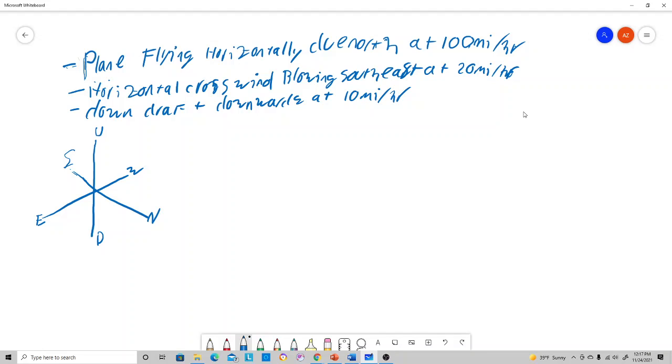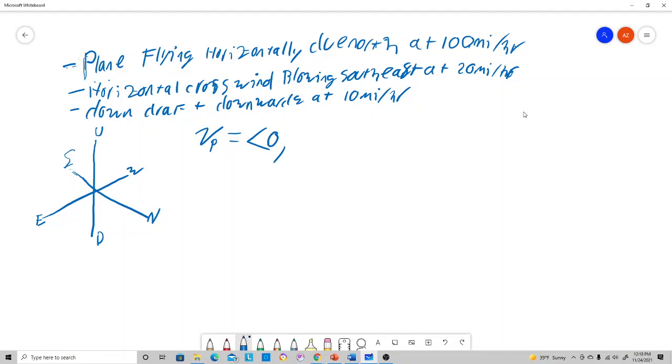So we can call this vector, because we're working in 3D space, we need to have three different components for the vectors. So we can say velocity of plane, v sub p, and then we can note it as, because it's flying due north, it's not going horizontally in any way or up and down in any way, so the component is just zero.